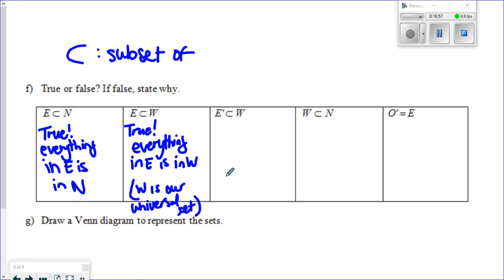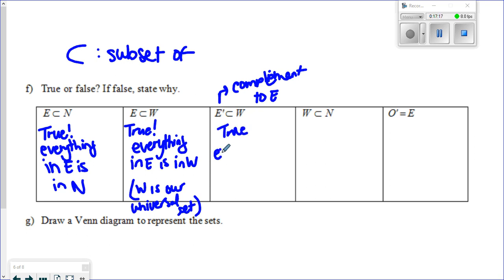W is our universal set for this particular question. E prime, so again, that's the complement to E, is a subset of W. This is still true.